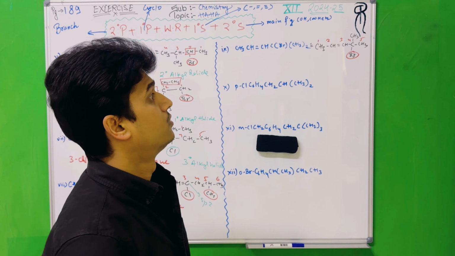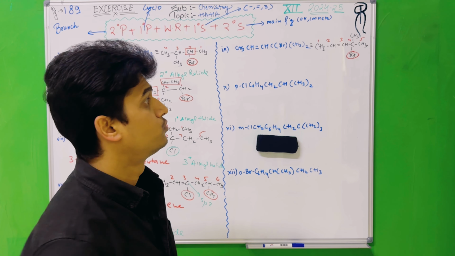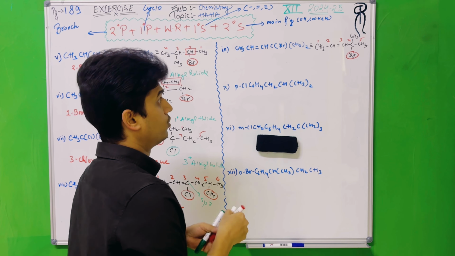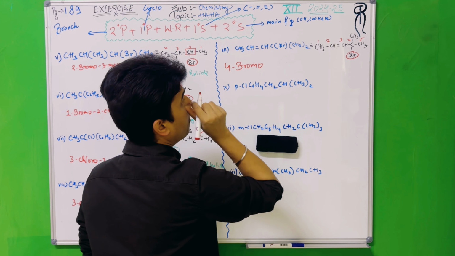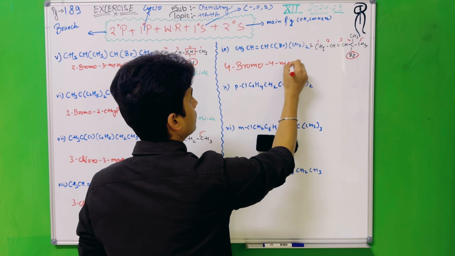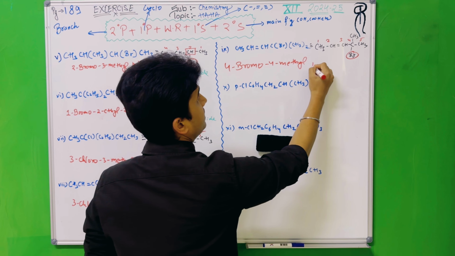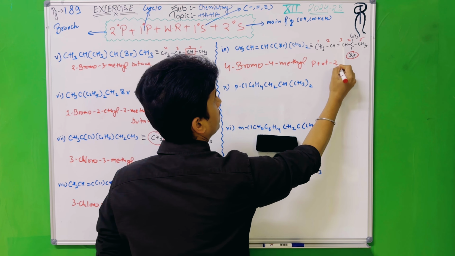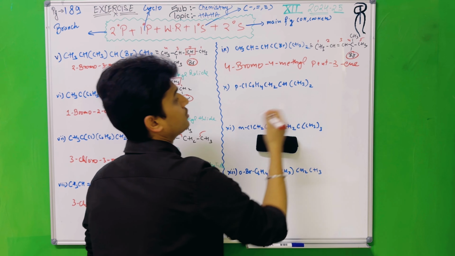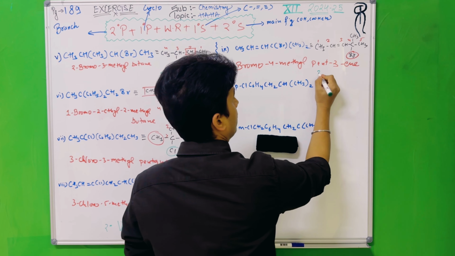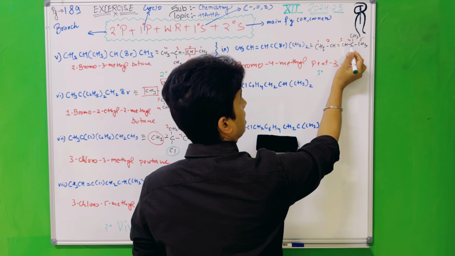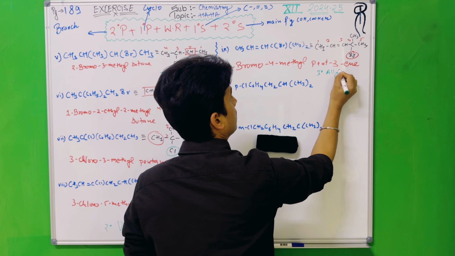So at the third position we have the double bond, at the fourth position we have bromine. So 4-bromo, 4-methyl, pent-2-ene. Also, the carbon the bromine is attached to is a 3 degree carbon, so 3 degree. Now the bromine is attached to an sp3 carbon which is attached to a double bond, so allylic halide.